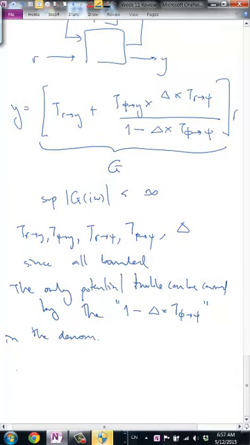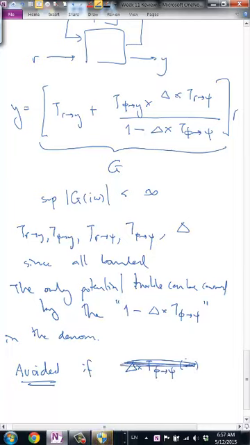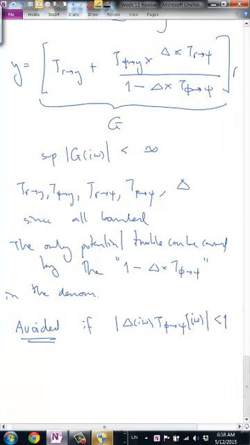And this will be avoided if delta times the transfer function from phi to psi is always less than 1. And this is the condition for the small gain theorem.